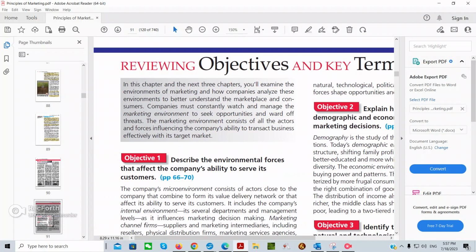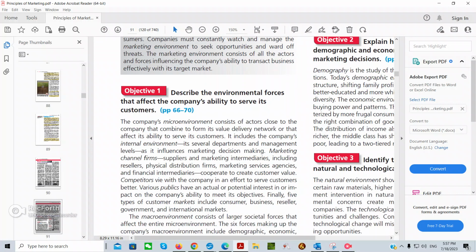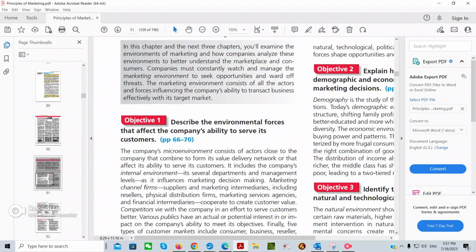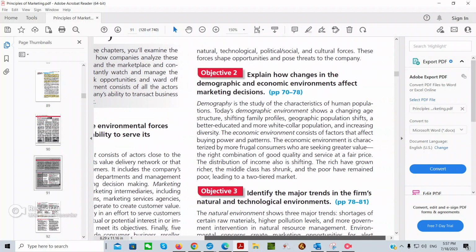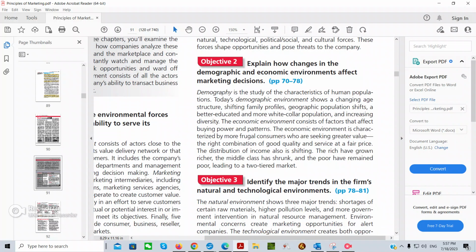Now, I'd like to just review the objectives and key terms. Remember that as part of Objective 1, we described the environmental forces that affect the company's ability to serve its customers. In Objective 2, we explained how changes in the demographic environments affect marketing decisions.